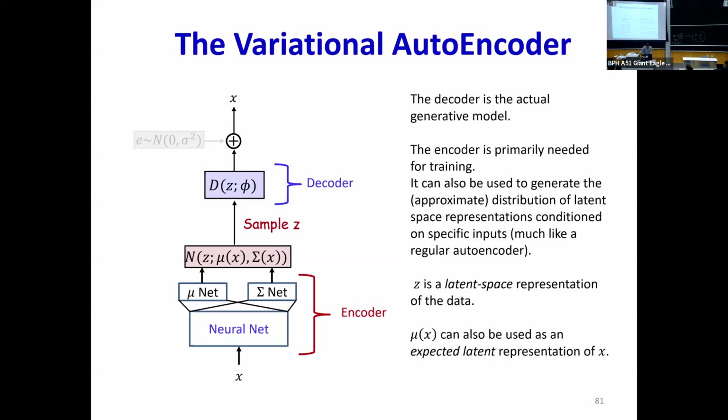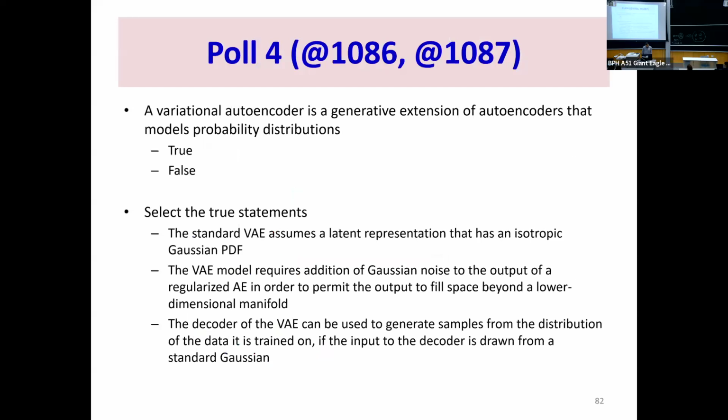Z is the latent space representation. And what is the value of Z for any given training data instance X? Once it's trained, I can pass any X through the encoder. And what the encoder will give you is the mean and the variance of all possible Z's that could have generated the X. But if I had to pick a specific Z, I'd probably pick the mean because the mean is the most likely one, right?